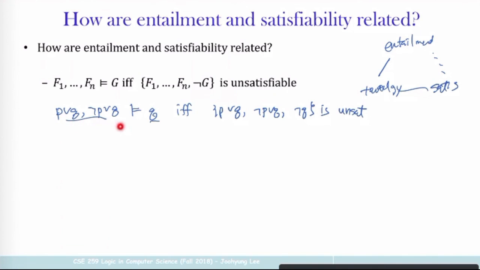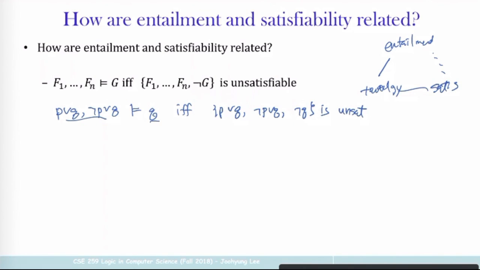So, by the definition of entailment, every interpretation that satisfies these two guys must satisfy this guy as well. Okay? Now, if you happen to choose the interpretation that satisfies both two, then entailment means that Q should be true, but now you have in the set not Q. So the interpretation cannot satisfy the third guy.